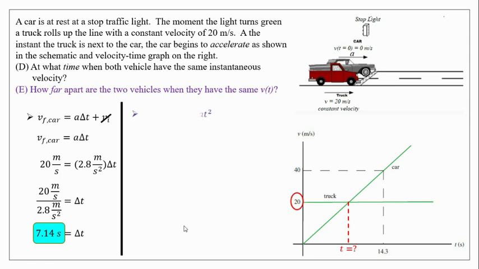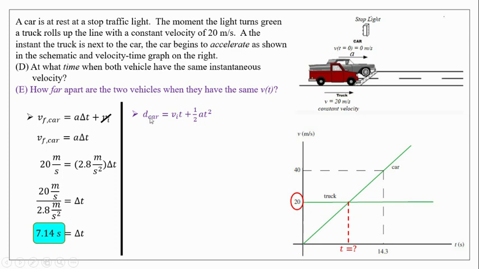Let's do part E. E asks you, how far apart are the two vehicles when they have the same velocity? Well, this one's not too bad either. They have the same velocity at 7.14 seconds, which we just calculated in part D. So, knowing the time, we can find the distance traveled.